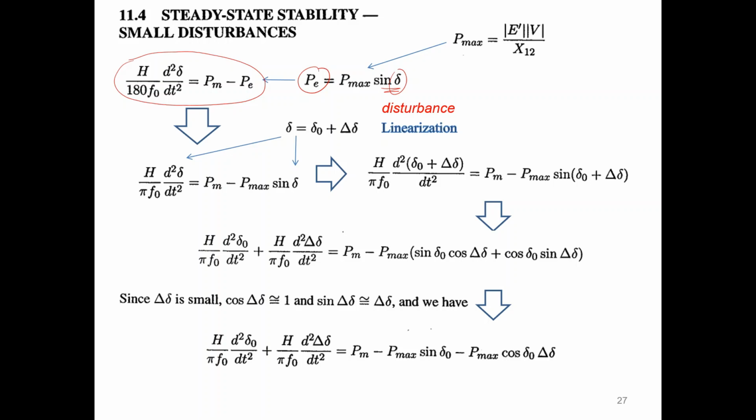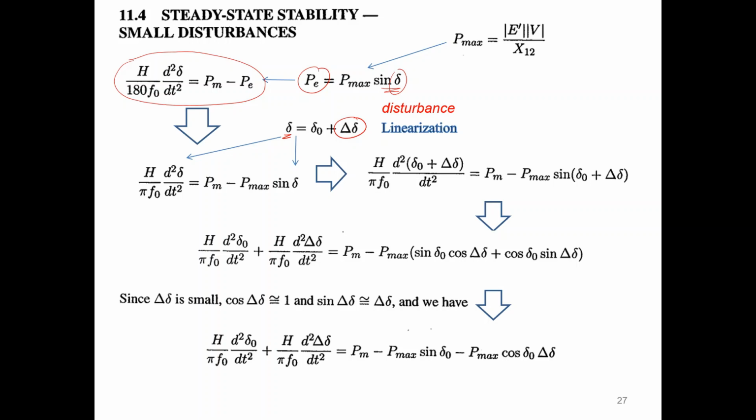If the disturbance is small, for example, we assume a small disturbance and change the rotor angle a little bit, by introducing a small change in the rotor angle, you can see that the equilibrium point of the system will also change.